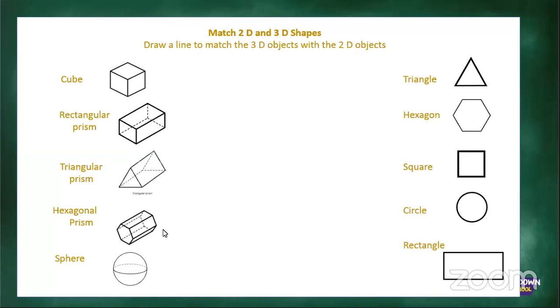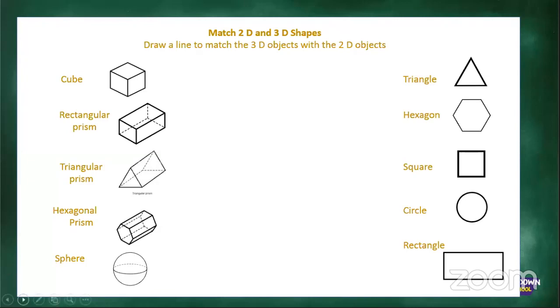Then second last one, hexagonal prism. The hexagonal prism goes to the hexagon. Thank you. That's correct. And the sphere, last one. A sphere goes with a circle. Thank you so much.